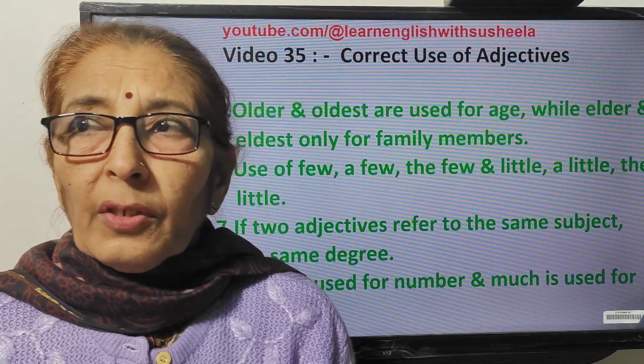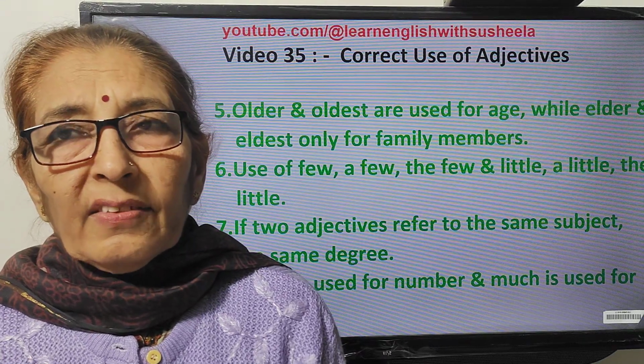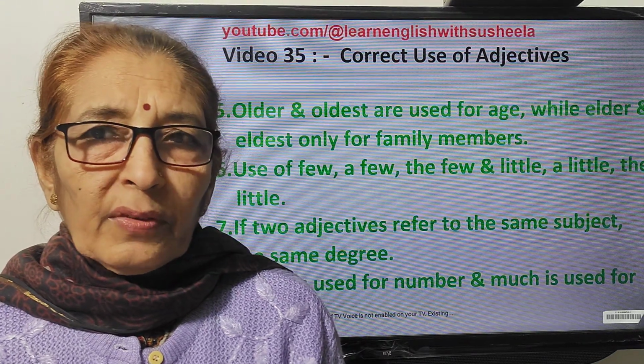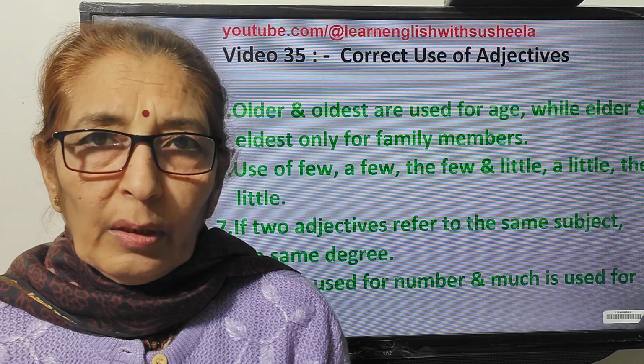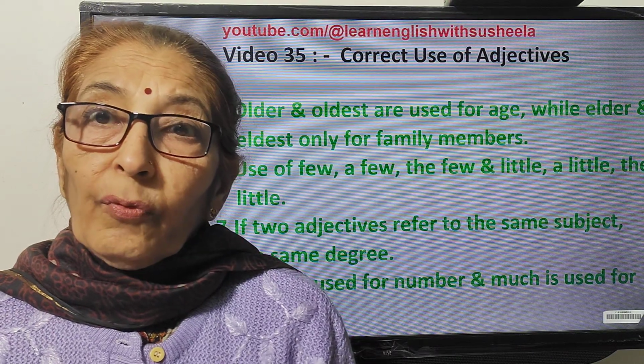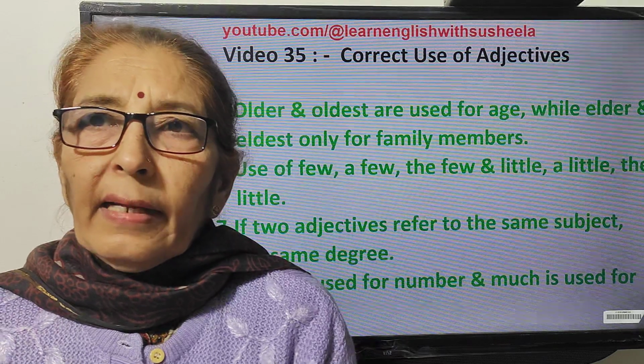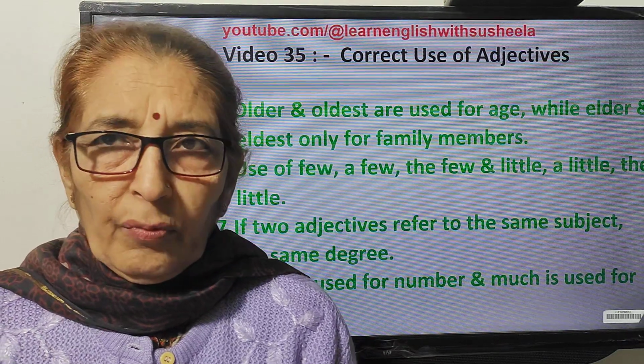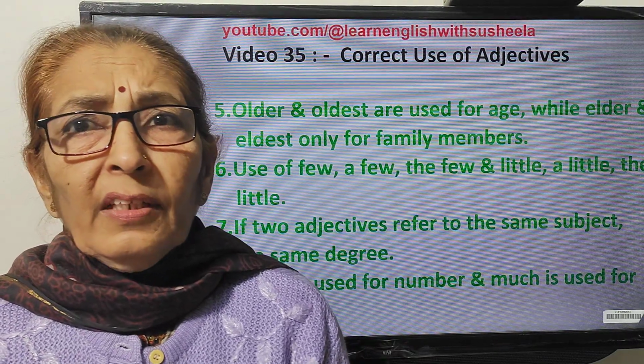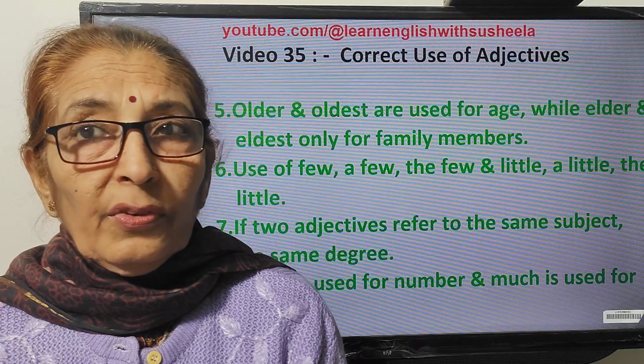So it's for age, while elder and eldest are used only for family members, that he is my elder brother or he is the eldest of all of us. So that way older and elder are different. They are made from the same positive degree old, but their use is different.